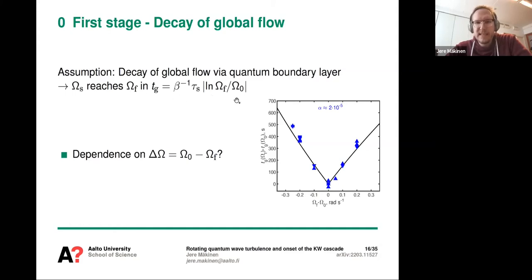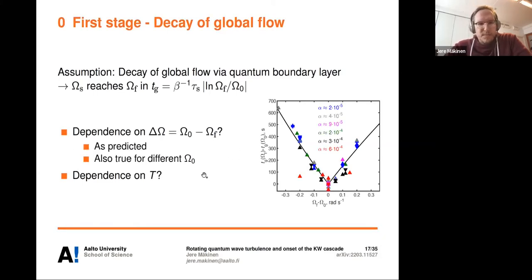We can test that hypothesis by studying the dependence on omega naught minus omega f, so the mean angular velocity minus the final angular velocity. You can see that the blue points are our experimental data, while the black curve is a fit to this equation. So we can see that it's a really good match, right? This seems to coincide with our expectation.